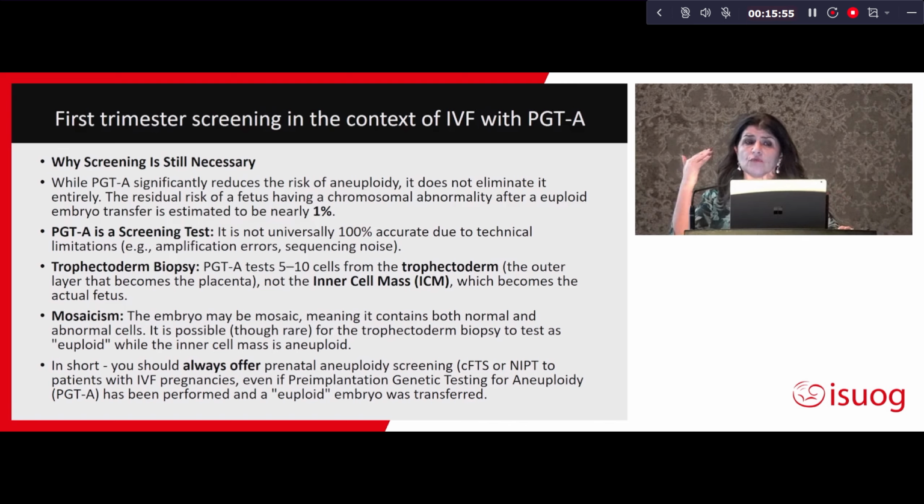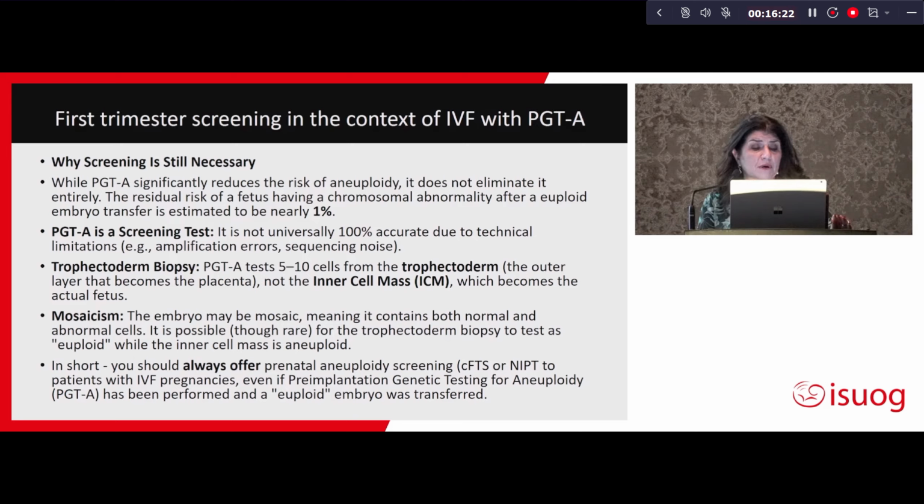And if you read the consent forms that the women sign when they're having PGTA with their IVF, there is small print that explains this, but women don't seem to know this, so you need to tell them. We still need to screen your fetus. The biopsy comes from the trophectoderm, which is similar to the placenta, which is why you might miss something. With NIPT, it's the same reason you might miss something with PGTA.